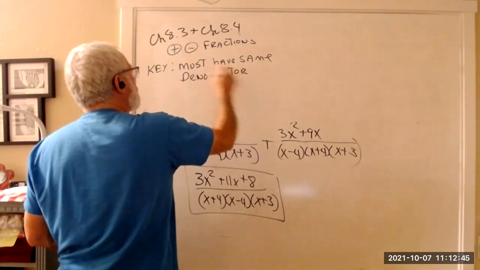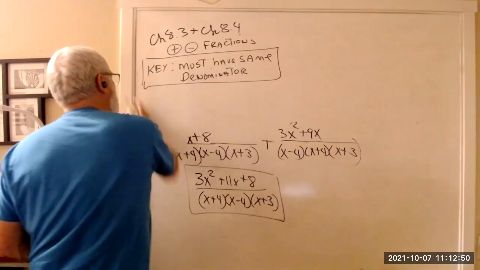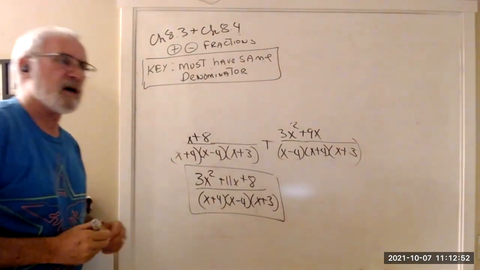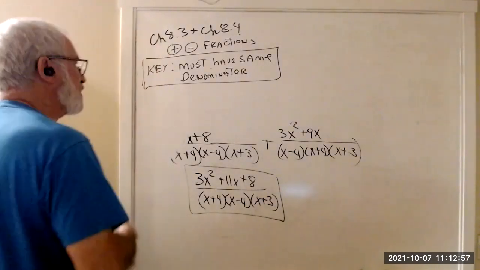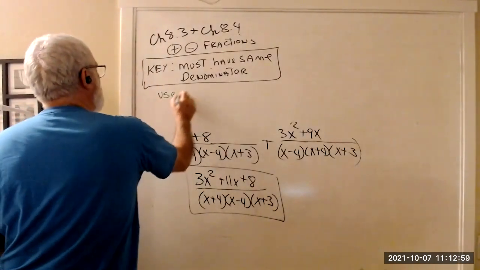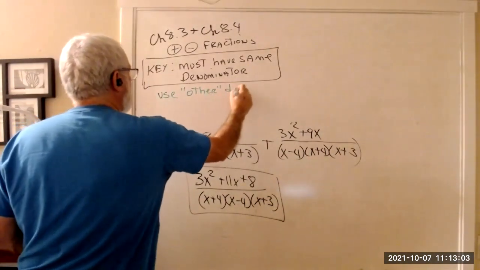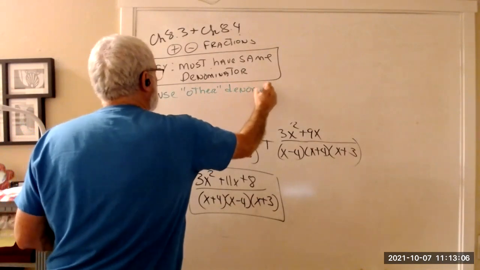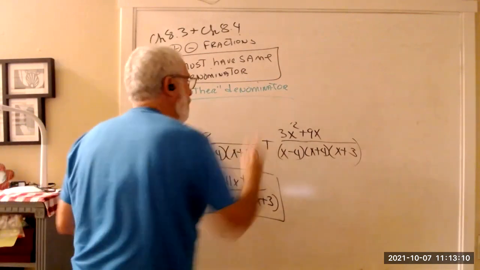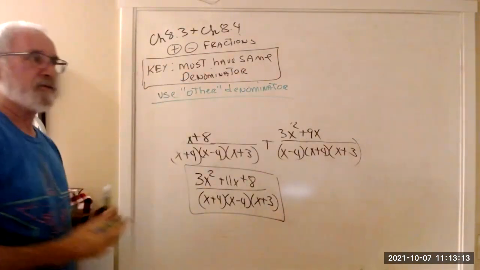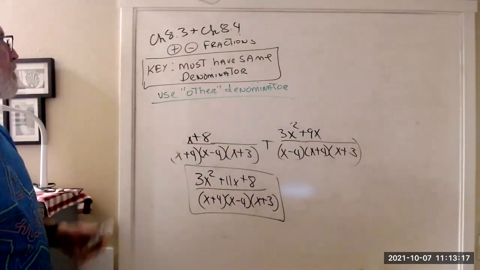And all of those other tricks that I was doing was to get the same denominator. And I suppose you could say one of the keys is to use the other denominator. That's what we always did when we had a couple fractions up there. We looked at the other denominator for some kind of guidance. And sometimes we factored them.